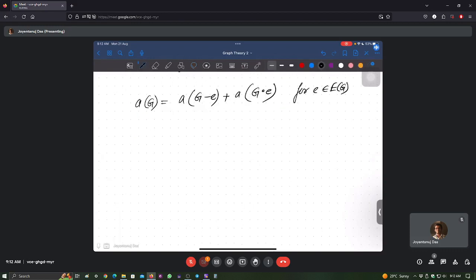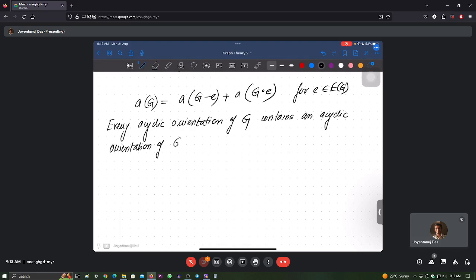Now every acyclic orientation of G contains an acyclic orientation of G minus e, right?